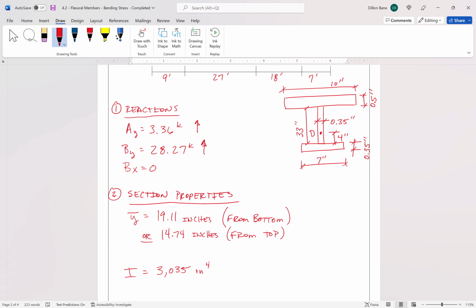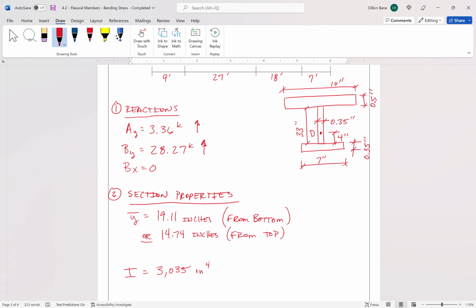So if C in our equation is the distance from the centroid or the neutral axis to either the top or the bottom, our C value is either going to be 19 or 14, right? So it's going to change depending on whether we're looking at the points above the neutral axis or the points below the neutral axis.